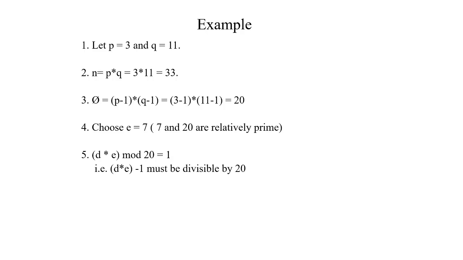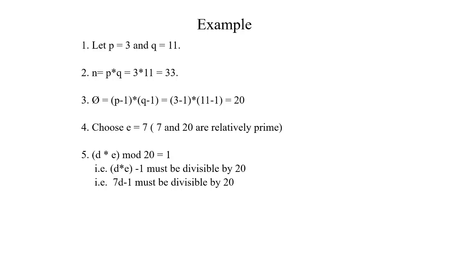If we simplify this equation, then the multiplication of d and e minus 1 must be divisible by 20. So I have chosen e equal to 7. So I will put the value of e equal to 7. So 7 and d is unknown. So 7d minus 1 must be divisible by 20.